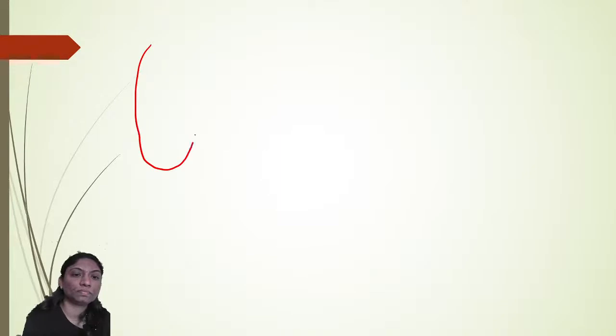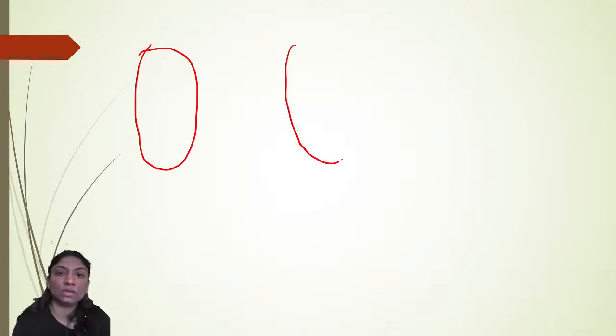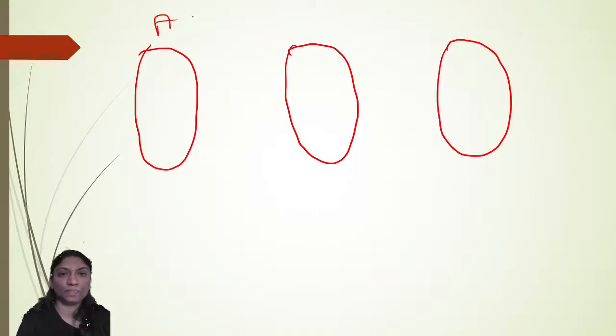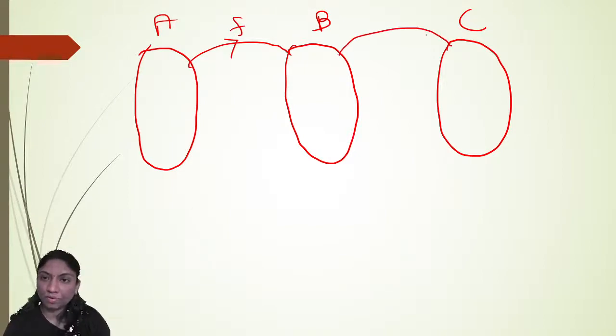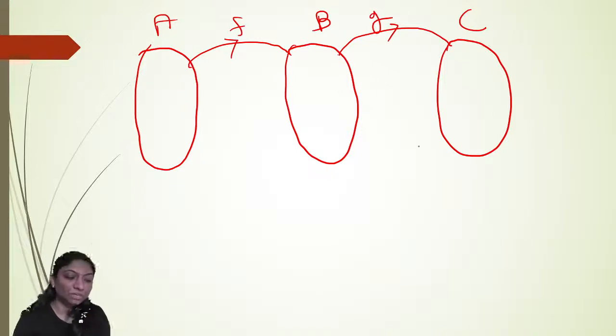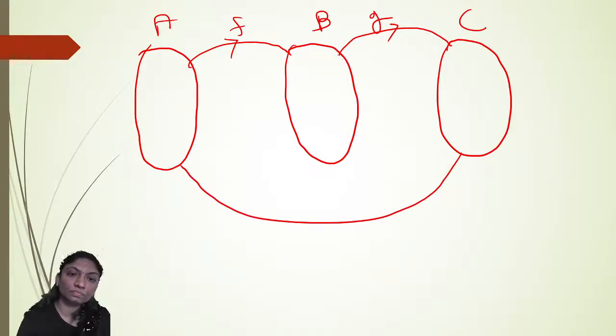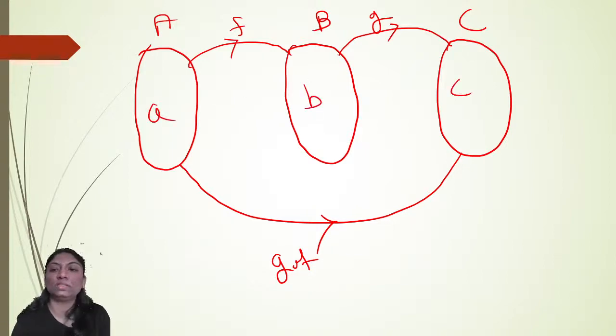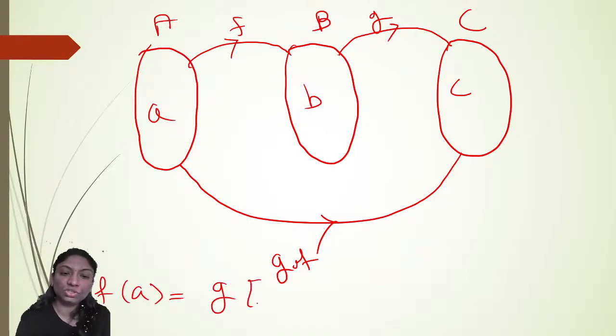We'll see diagrammatically. Suppose this is your set A, this is your set B, and this is your set C. F is a mapping from A to B and g is a mapping from B to C. Then g composite f is a mapping from A to C. So g composite f of a is equal to g of f of a.